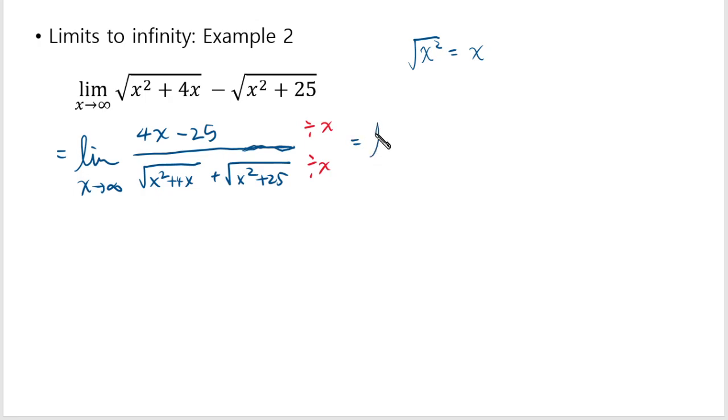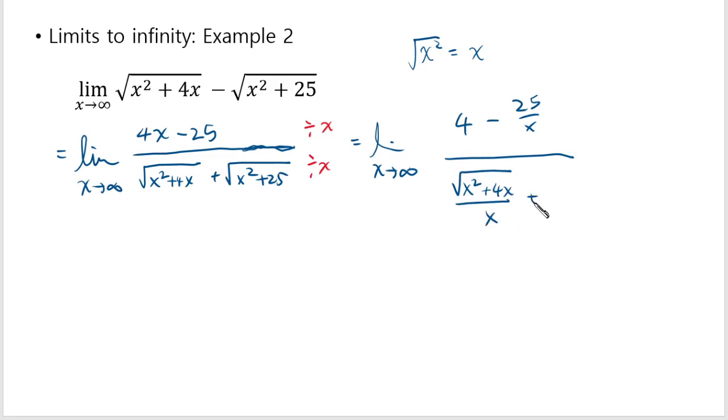So we get the limit as x goes to infinity. 4x divided by x is 4. 25 divided by x is 25 over x, over square root of x squared plus 4x divided by x plus square root of x squared plus 25 divided by x. Now what is this? Well, let's try to figure that out.